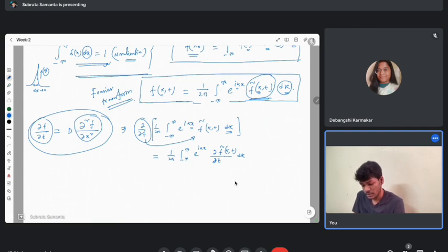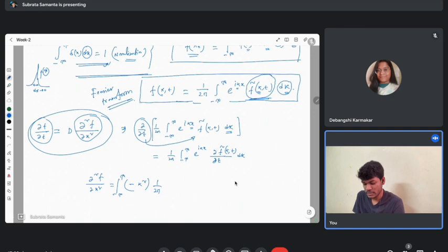When we write del 2 f over del x 2, this gives 1 over 2 pi, and when you operate on e to the power ikx, two factors of ik come.